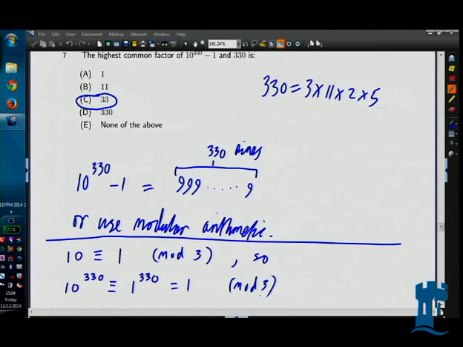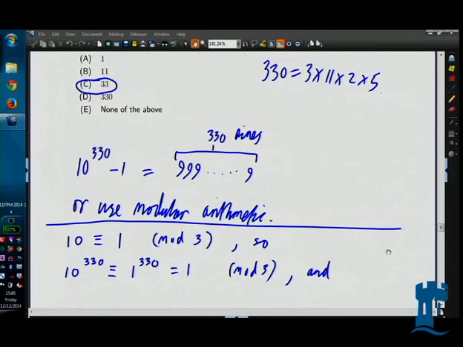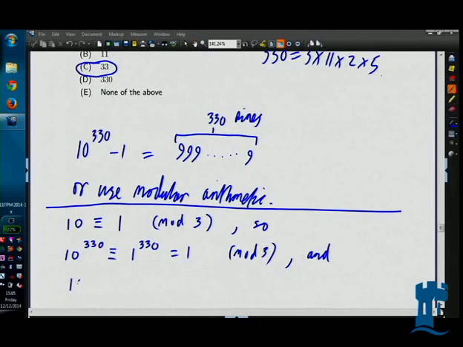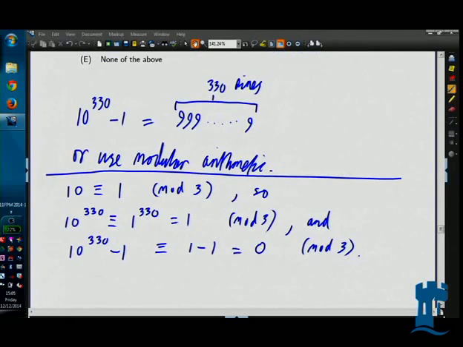And so if you subtract 1, that quickly tells you that 10 to the power 330 minus 1 is divisible by 3, which you can write as 3 divides 10 to the power 330 minus 1.